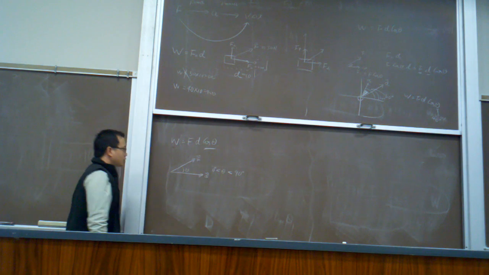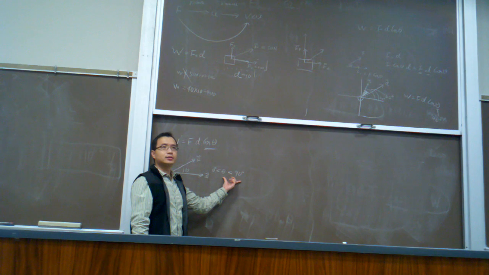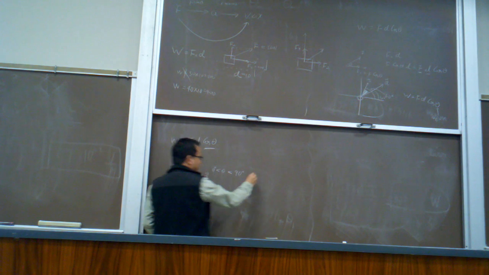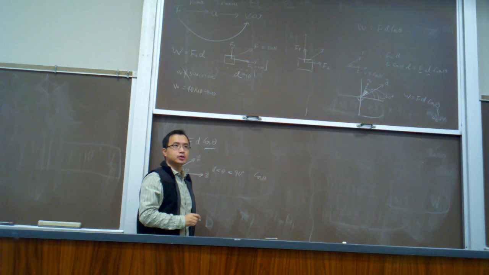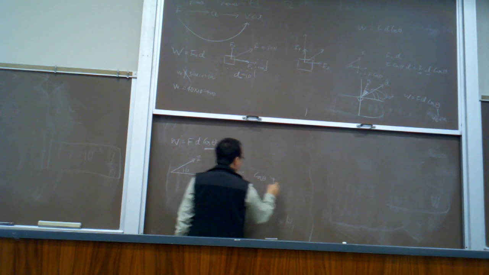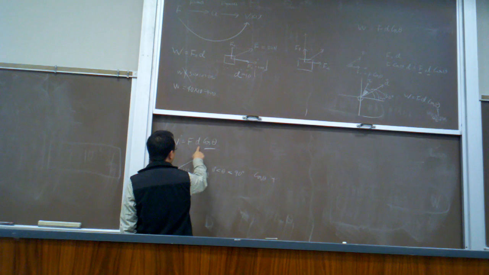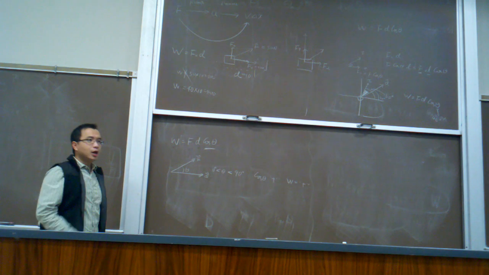We know that if the angle is between 0 and 90 degrees, what is the value of cosine theta? Should it be positive or negative in this range? Positive, right? So you have positive multiplied by positive, so W has to be positive. So this is positive work.